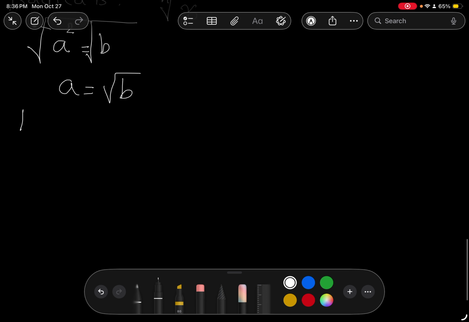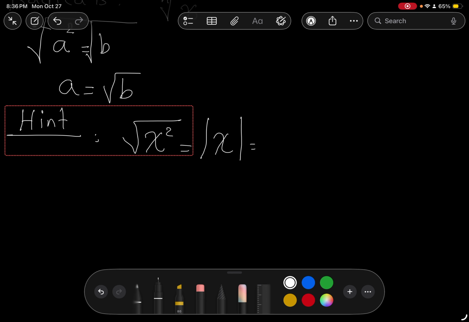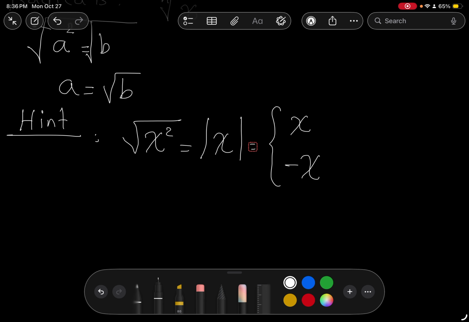And we have a crucial hint. The radical of x to the second power equals the absolute value of x. And the absolute value of x has two values, positive x and negative x.